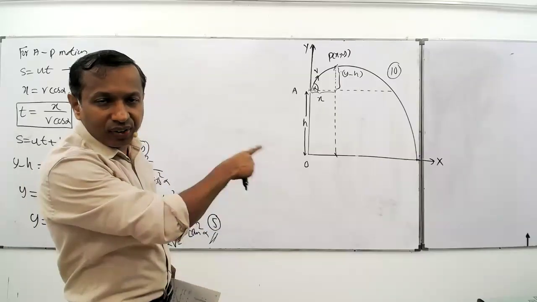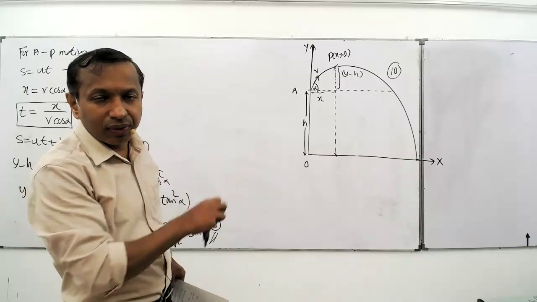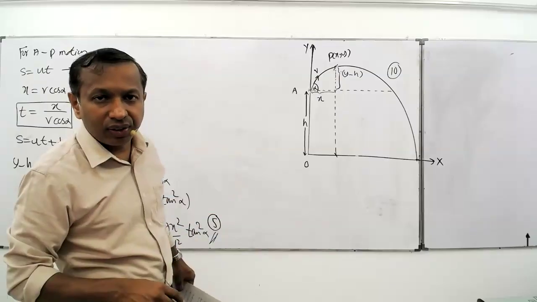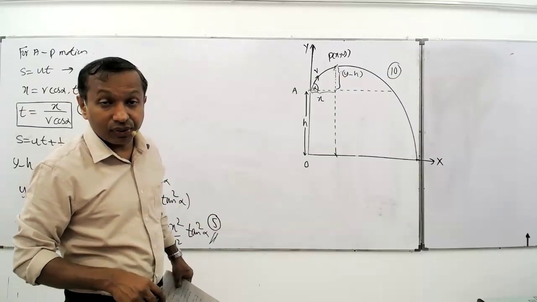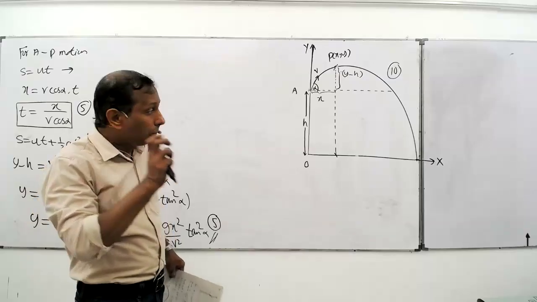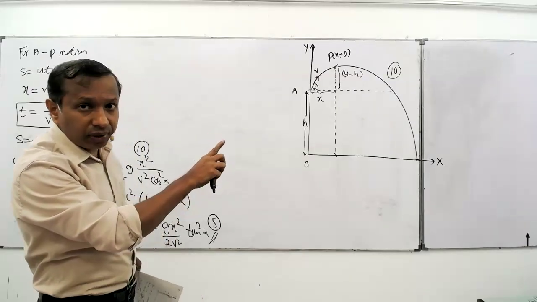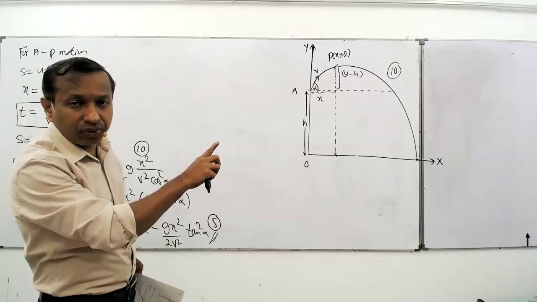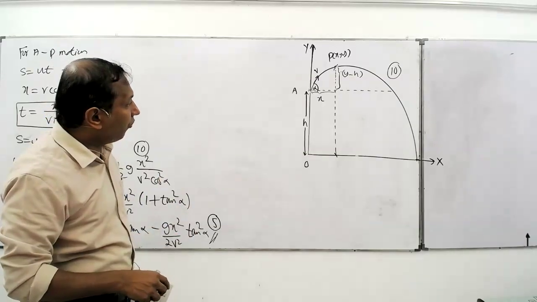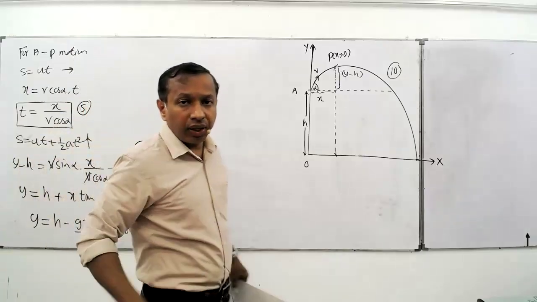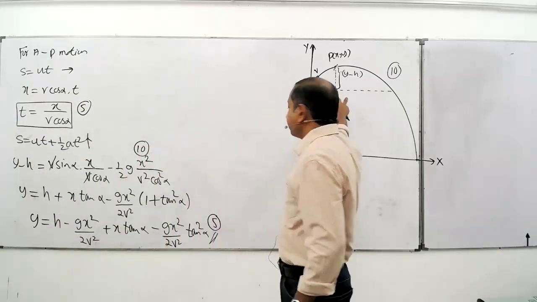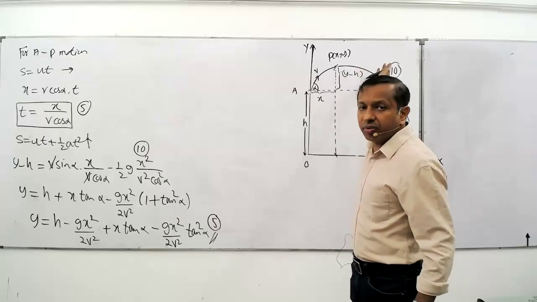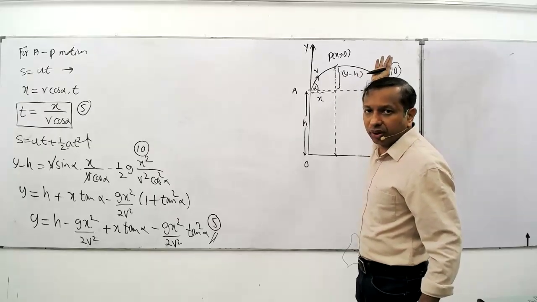That is why we need this figure. That's why for the diagram we get 10 marks. Understand? So therefore, don't neglect the diagram. Don't neglect the diagram. Then somebody might ask, what if we get this without the diagram? You won't get this 10 marks.